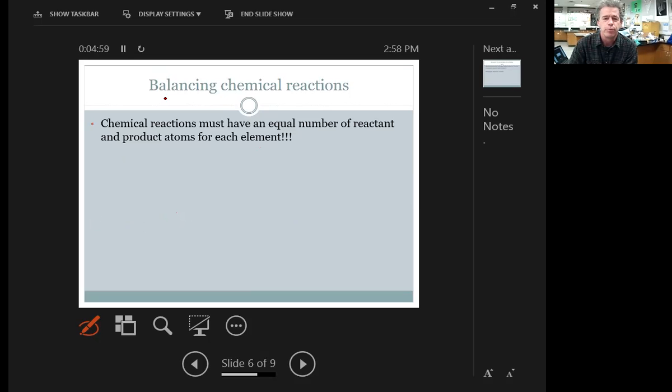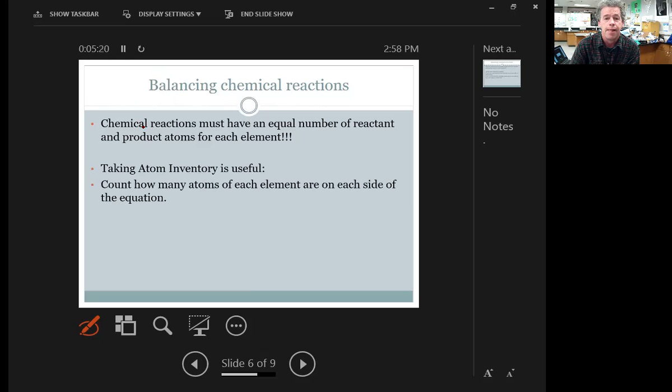Now, generally in chemistry, when you do a chemical reaction, you want to have the same amount of stuff on both sides. So the same number of oxygens on both sides, the same number of nitrogens on both sides, because there's conservation of mass, and you can't just create oxygen out of nothing. Now, to do that, it's useful to take what's known as an atom inventory and basically count how many atoms of each element are on each side of the equation.